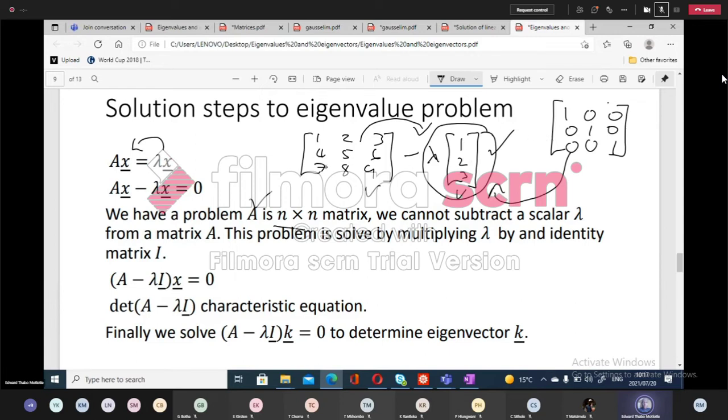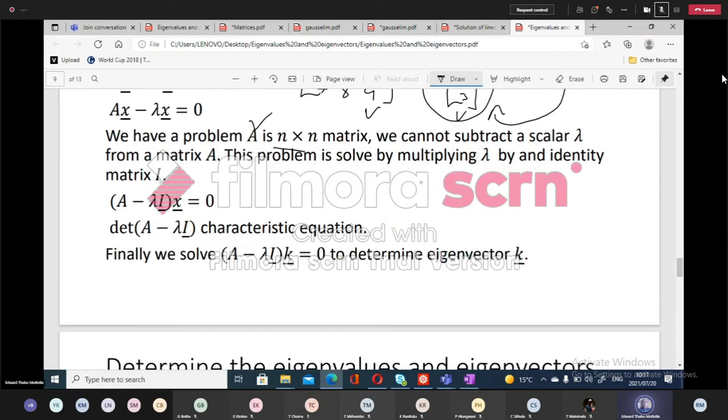So now we will be able to subtract this matrix from this one. That's how we solve this problem. We multiply by an identity. So by multiplying by the identity, we end up with A minus lambda I, multiplied by a column vector X, equals 0.